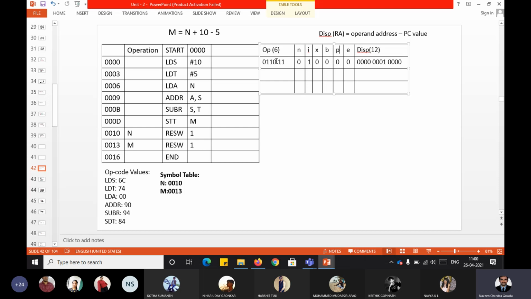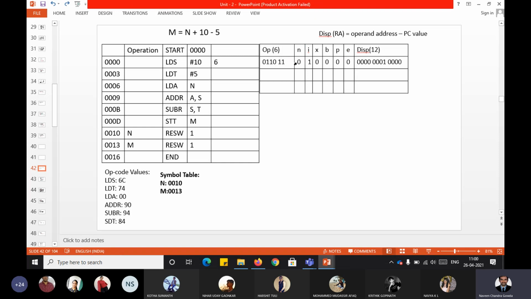Now if you find out the object code, you see 0001 which is 6. Again, you have 2 bits here. Those 2 bits need to be combined with the 2 bits of n and i.